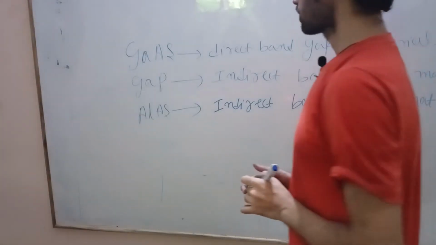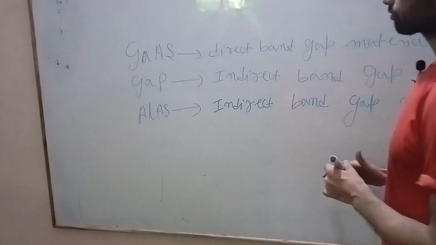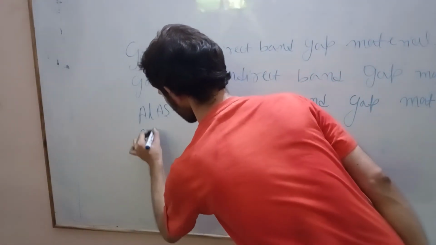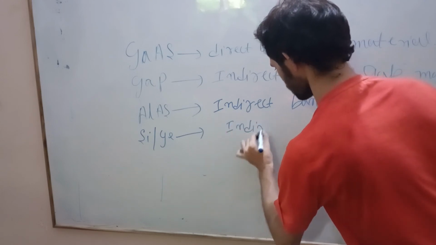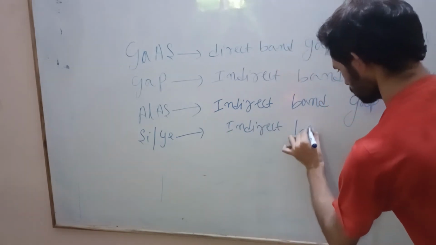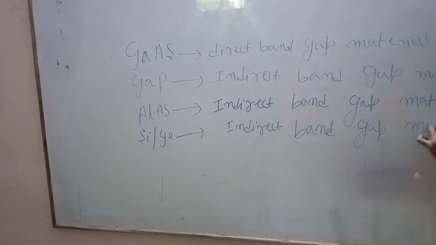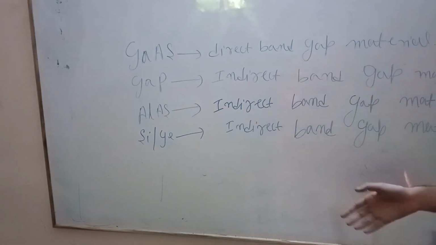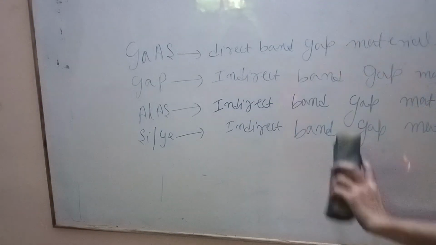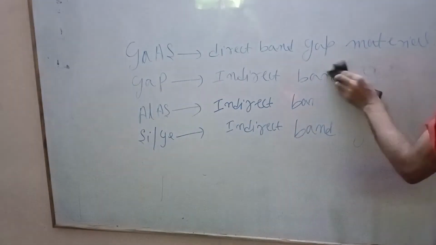So this is all about the E-k space diagram for both gallium arsenide and silicon, compound semiconductor and elemental semiconductor. Both we have seen. Now we will go to the next.